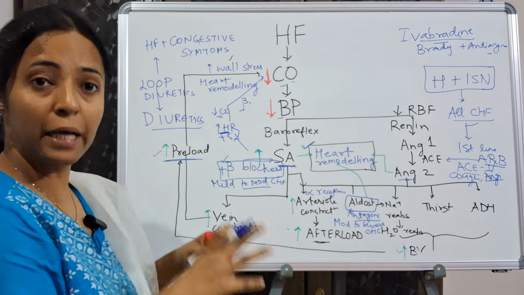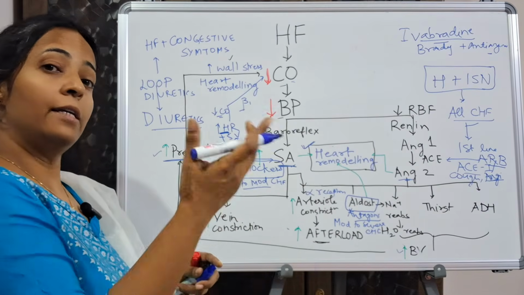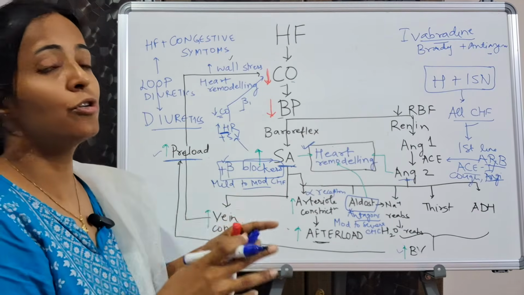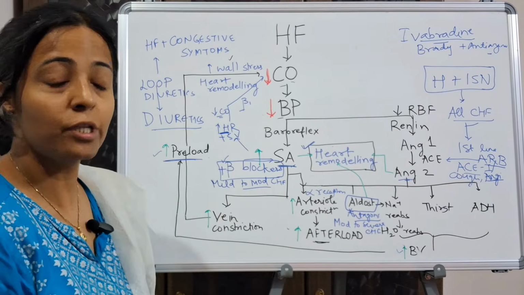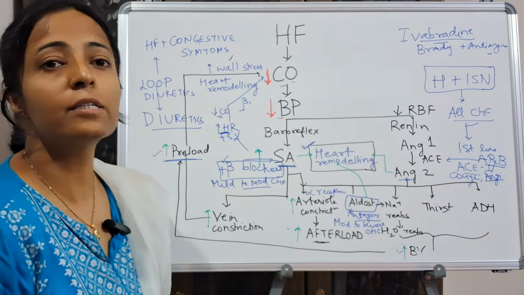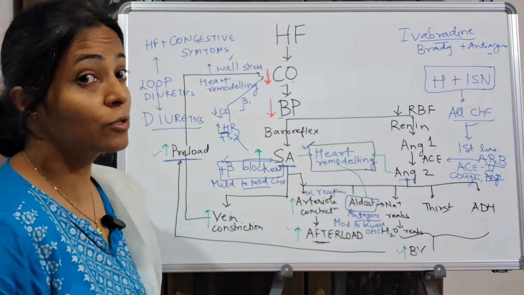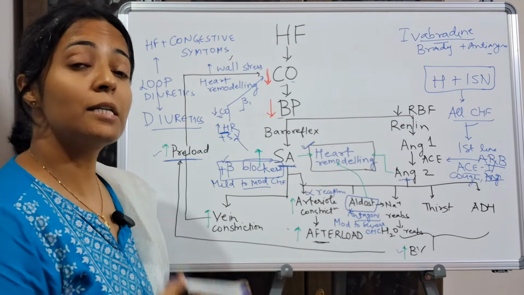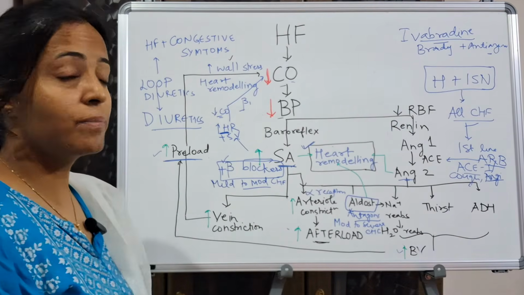Everything is jamming behind. So behind the left atrium is what? The pulmonary circulation. So there will be accumulation of more fluid in the pulmonary circulation, and when that happens, there is leakage of fluid from the pulmonary circulation and there is development of pulmonary edema. So that is pulmonary congestion. The person will start having dyspnea, also breathing problems.